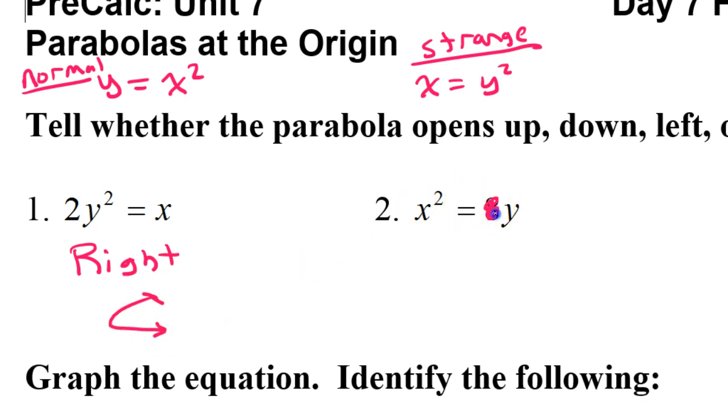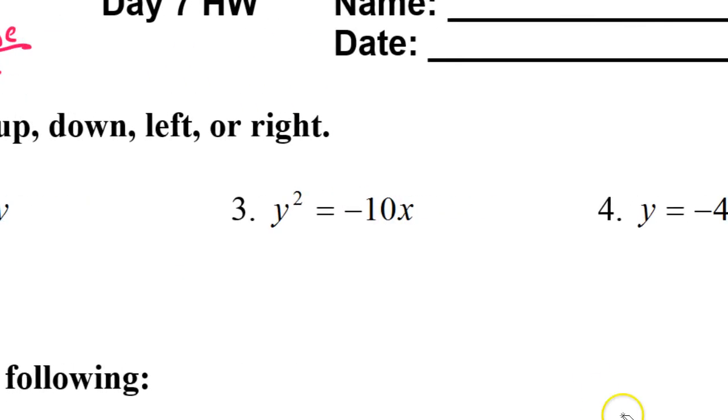This one, if I sort of ignore the 8 for a minute, I have y equals x squared. That's good old normal y equals x squared. So this will be opening either up or down, like normal. Because everything is positive, I know it will be up. Looking at number 3, I have x equals y squared. That's weird.